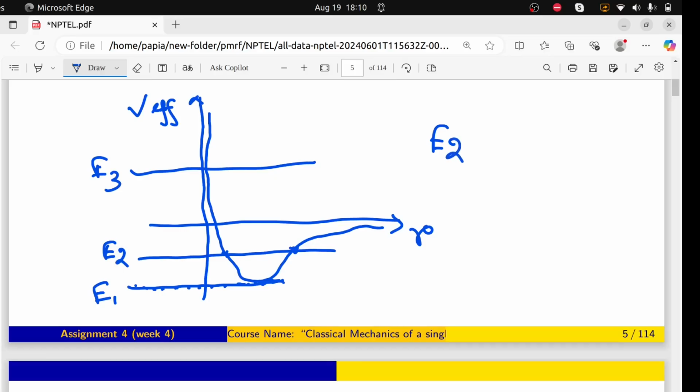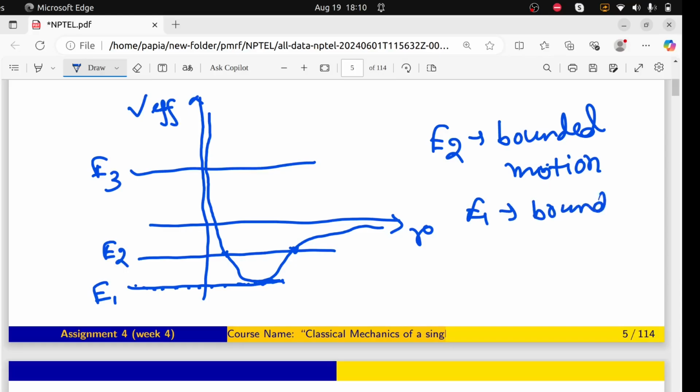So E2 will give bounded motion. E1 will also give the bounded motion only with the 1 point of R. But E3 is giving unbounded motion.